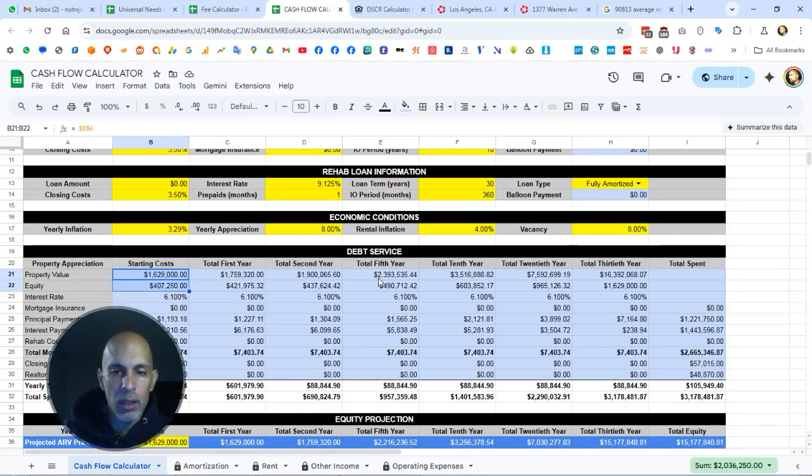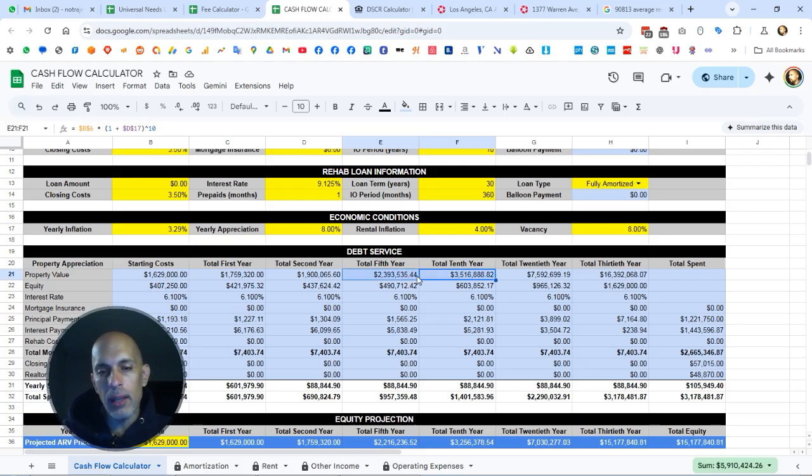And over here you can see that happens somewhere between year 5 and year 10. So we can guess year 7.5. Property value when you buy it is $1.629 million, and assuming this yearly appreciation, on average you're going to have some years that are higher, some years that are lower, but this is based on averages.